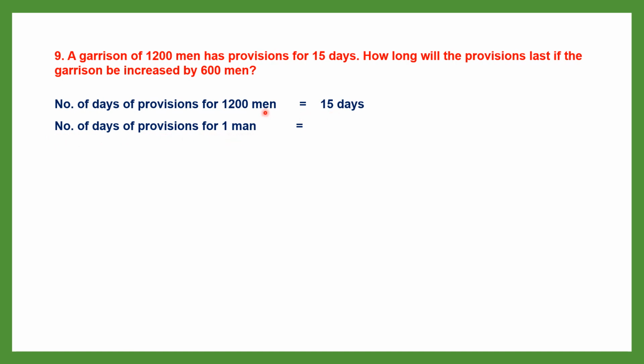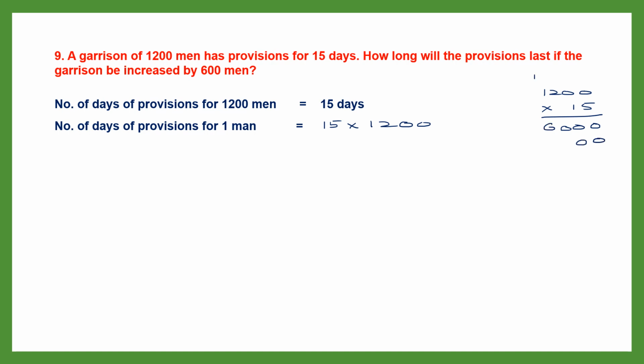Okay, so here for 1200 men, they finish it off in 15 days. But if there's only one man, he can use it for many more days, isn't it? So we can multiply these two. So that is 15 into 1200. Let's multiply 1200 into 15. 0, 0, 5 2s are 10, carry 1, 5 1s are 5 plus 1, 6.